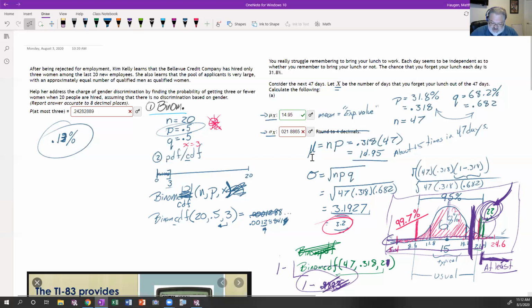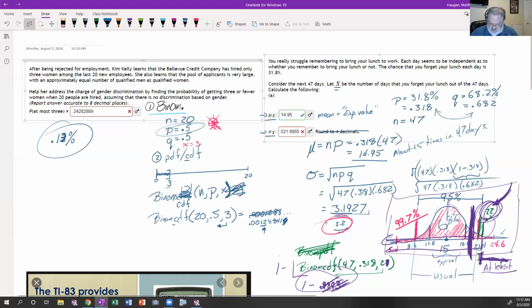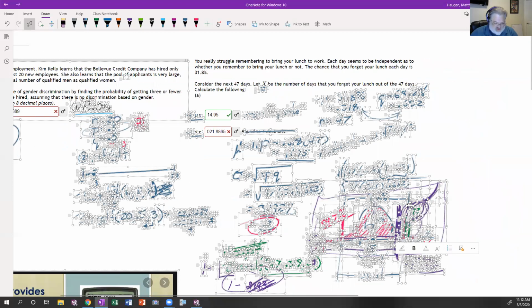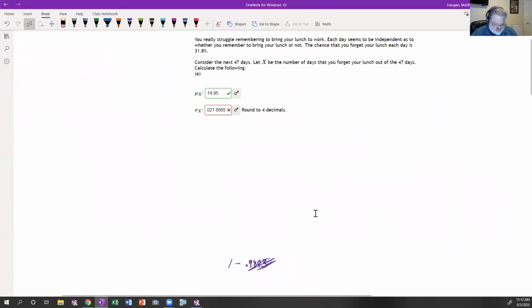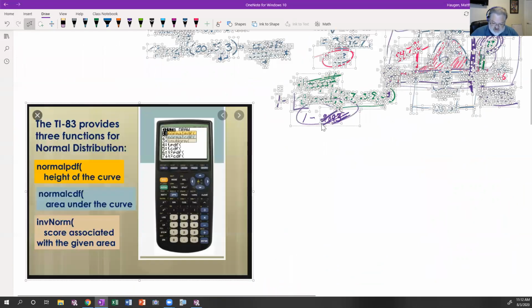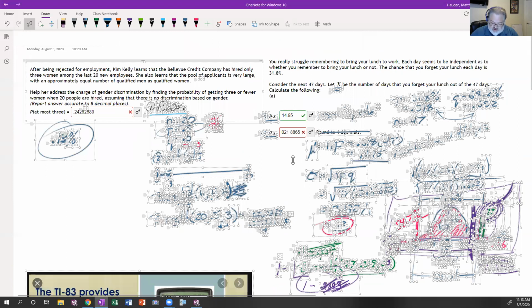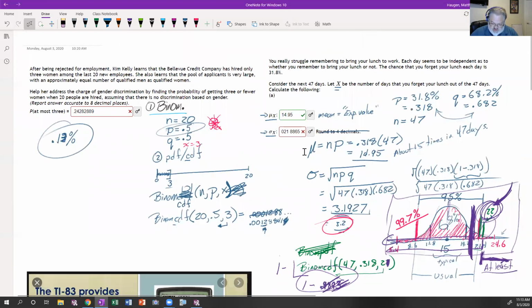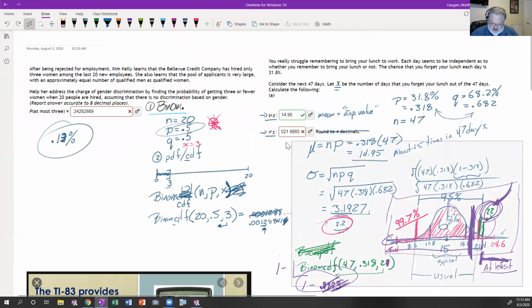That might benefit from us chatting about it a little more. So let's redraw our diagram here.